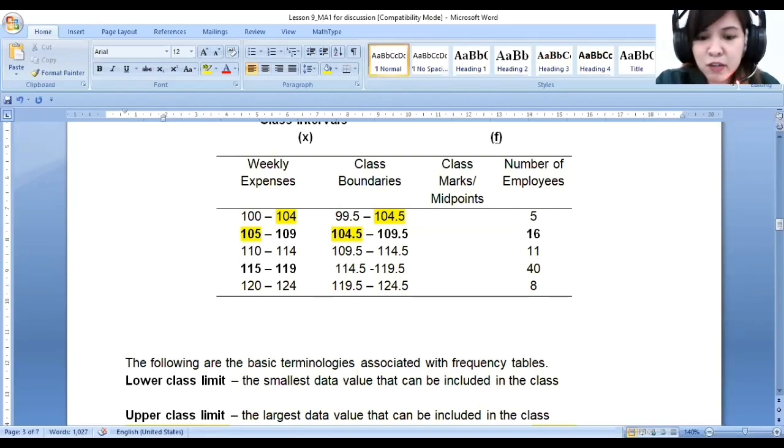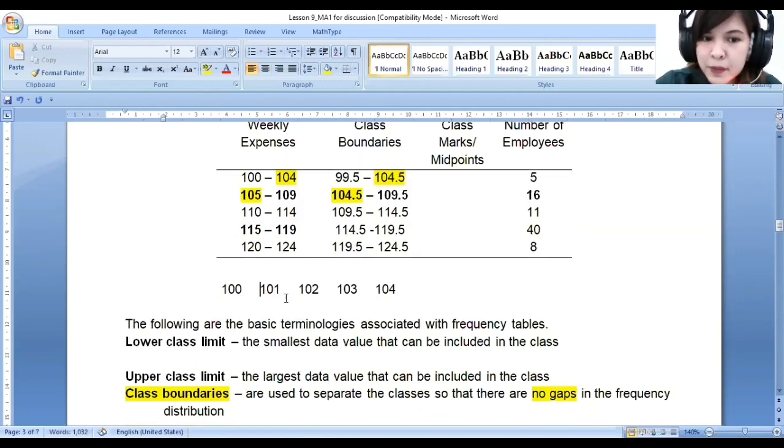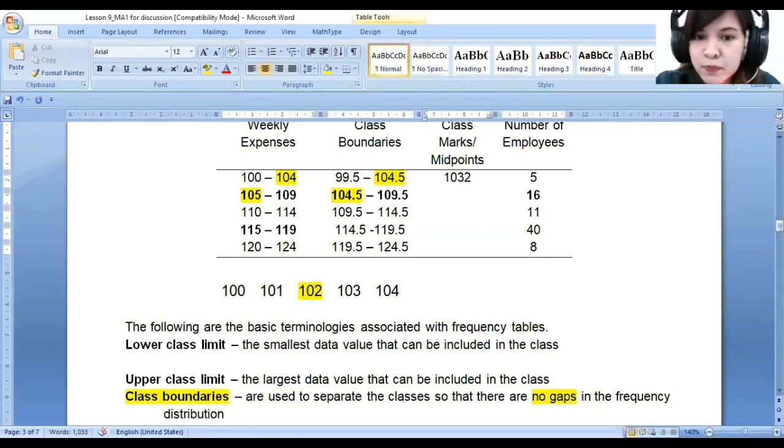Let's say, for example, ililista ko siya, 100, 101, 102, 103, 104. Nakikita ba? So, anong pinaka nasa sentro niya? 102, tama? Nakikita niyo ba yung aking highlight sa baba? Ito. Lalagay ko sagot dito, 102.